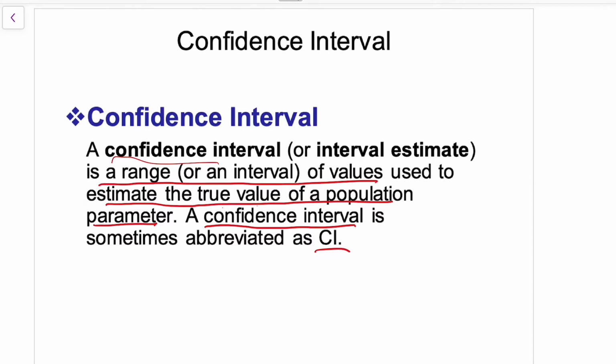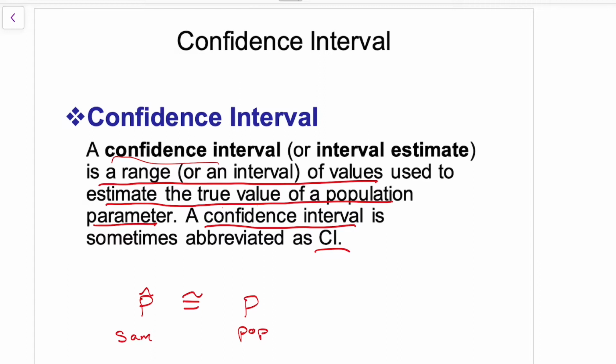And what we're doing is we have a true population proportion. We're using our parameter to estimate it, right? Our population proportion for the population is estimated by the sample.